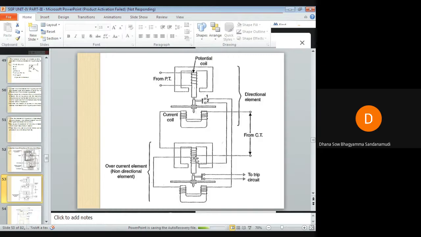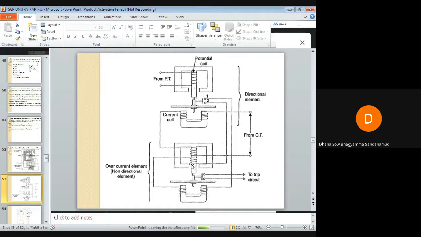When this flux cuts the secondary windings, EMF is induced across the secondary windings, and since the circuit is closed here, current will flow through this secondary winding, and because of the current flow in these windings which are wound across this lower electromagnet, flux phi 2 is induced here.